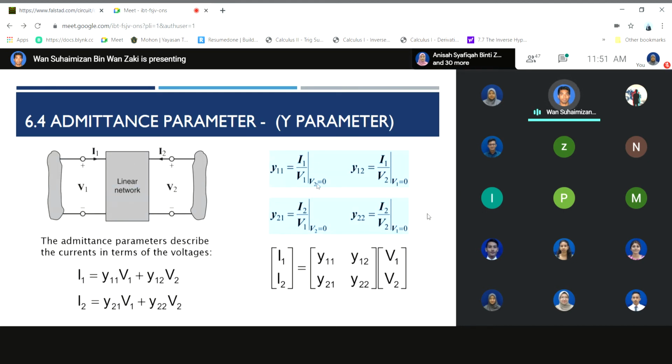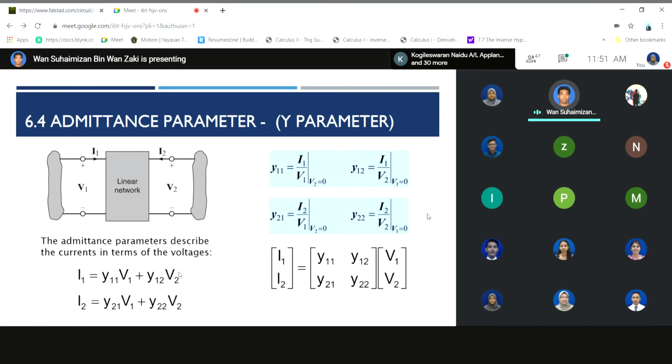So if you apply a short circuit, okay, for Z parameter you do an open circuit test, for Y parameter you do a short circuit test. Short circuit test means you apply V2 equals 0. So when you apply V2 equals 0, you can get Y11 and then you can get Y21.